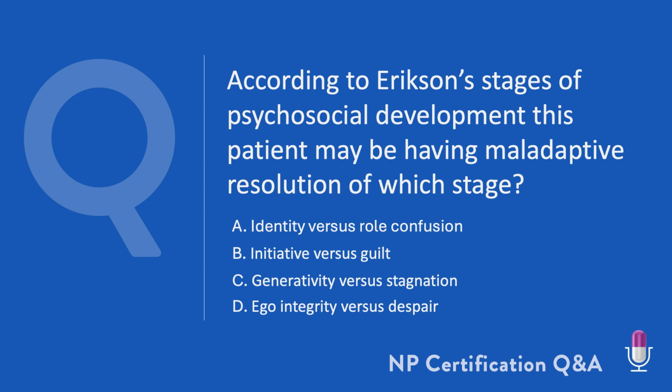So this gentleman, which stage of the life cycle do you think he's in? And since he's having depressive symptoms, clearly this would be maladaptation. And D is the correct answer.